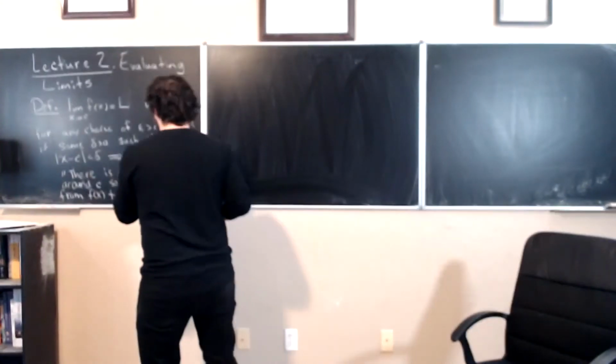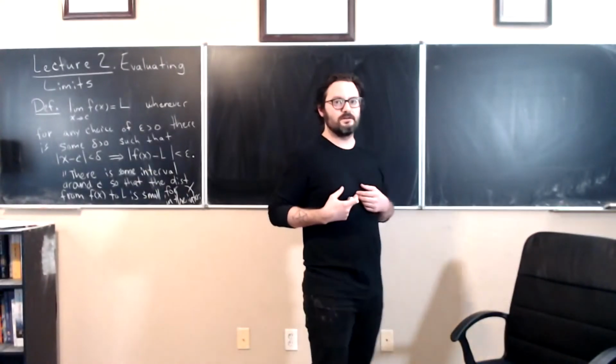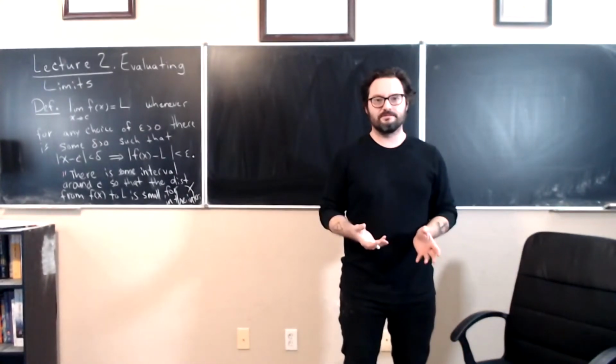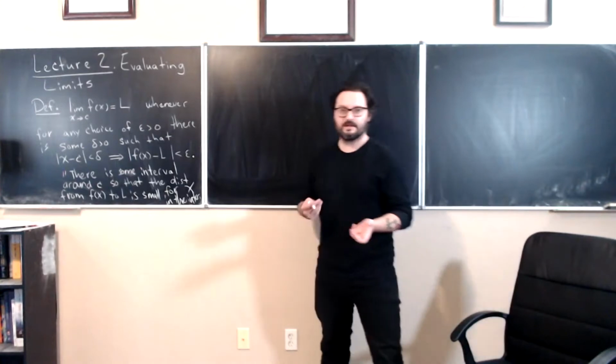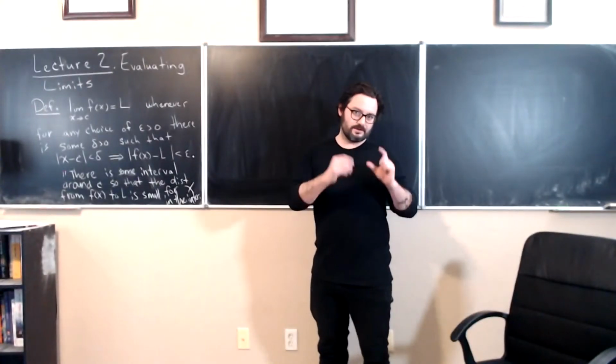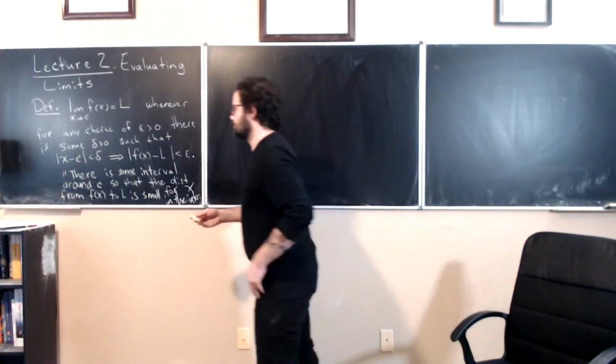So with this idea, there are a few immediate observations that we can make about very simple functions, right? I mentioned last time that we were dealing with these weird, complicated functions. Now we're going to look at the simple functions and kind of build up from them. So what are the simple functions?